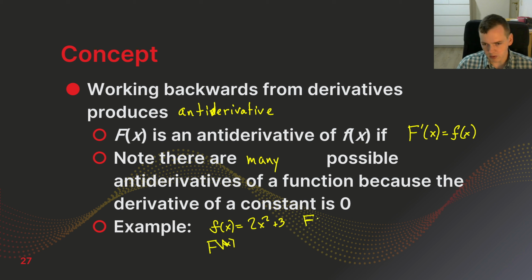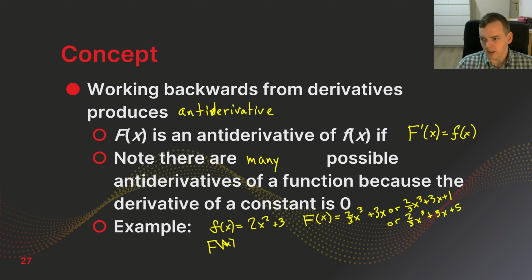Big F of x could be equal to 2/3 x cubed plus 3x, or 2/3 x cubed plus 3x plus 1, or 2/3 x cubed plus 3x plus 5, etc., etc., etc.